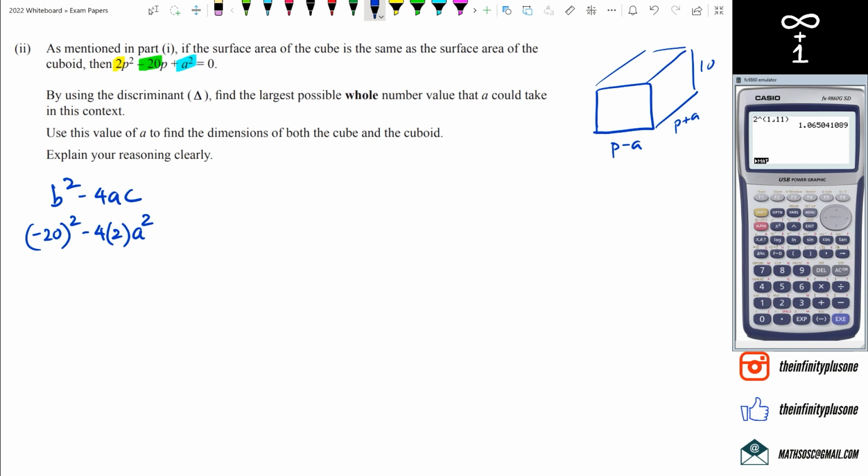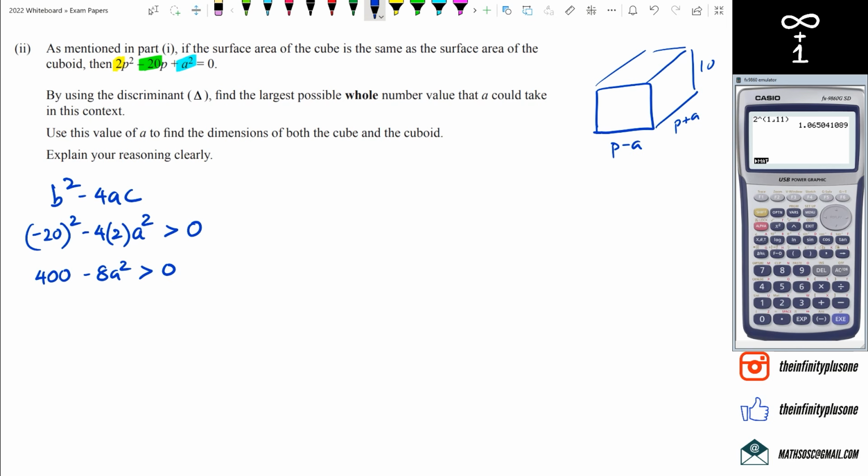Now, discriminant, find the largest possible value, right? So we've actually got to have this greater than 0 because we want to have two solutions. So that's the idea behind it. Because when the discriminant is bigger than 0, that means there's going to be more than one solution. So that's why we're going to keep this greater than 0. So here we've got 400 minus 8a squared greater than 0.